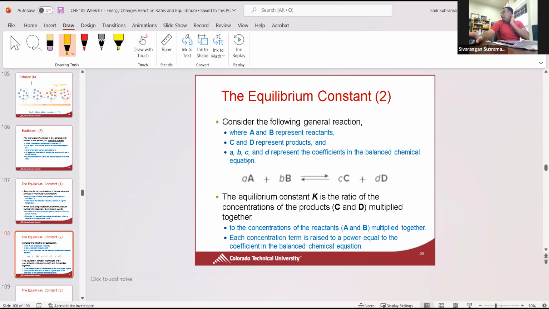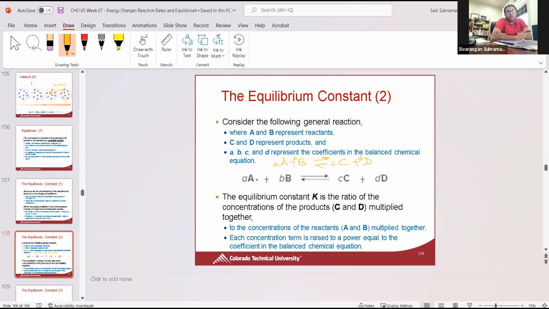So if you generically depict any reaction, the reaction is basically A plus B, forward reaction gives you C plus D. So 2 reactants, A and B, are combining, 2 products are formed, C and D. Now you're indicating the number of moles, in a very generic manner, a, b, c, and d. They represent the number of moles or coefficients in the balanced chemical equation.